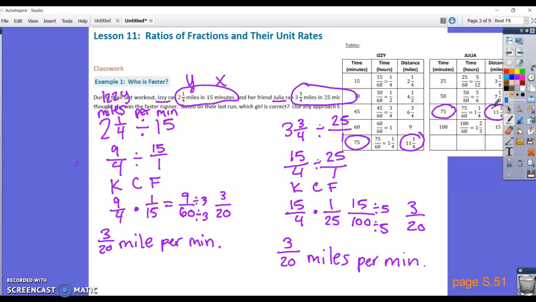So which girl went faster? Neither of the girls went faster. They went the exact same speed. Okay, so I'm going to erase this work and we're going to look back at that table.